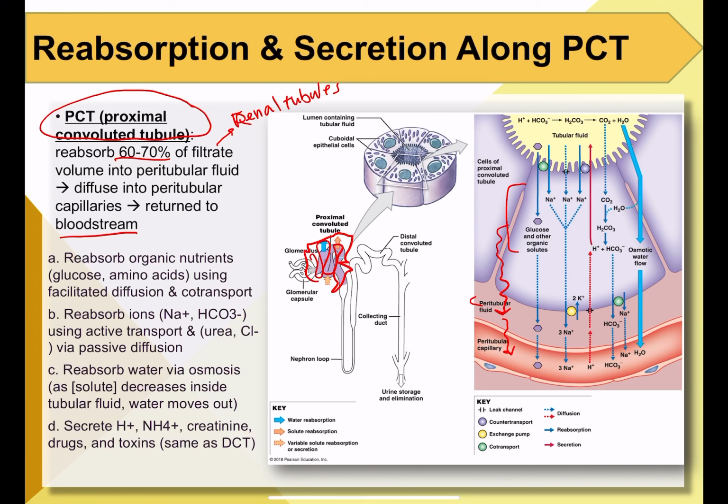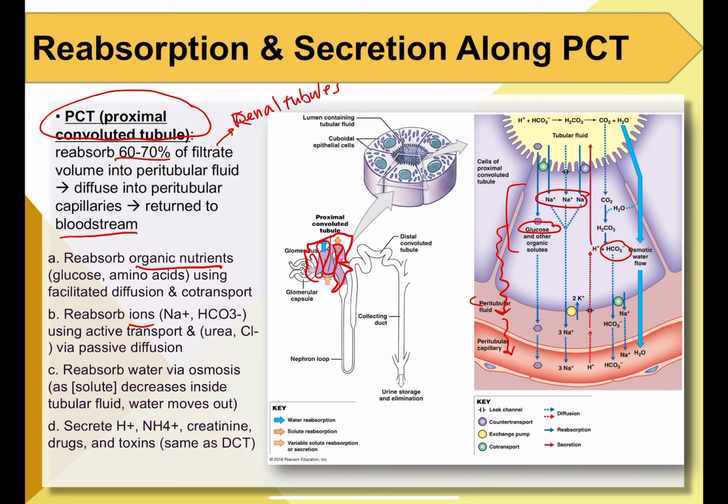So the things that are being reabsorbed here are your organic nutrients, which is your glucose and other organic solutes like amino acids even. And then you have your reabsorption of ions, such as your sodium ions or your bicarbonate ions. Okay, bicarbonate ions right here.